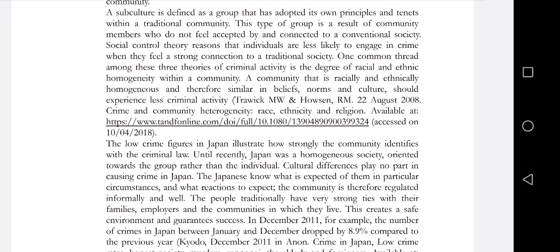A subculture is defined as a group that has adopted its own principles and tenets within a traditional community. This type of group is a result of community members who do not feel accepted by and connected to a conventional society.